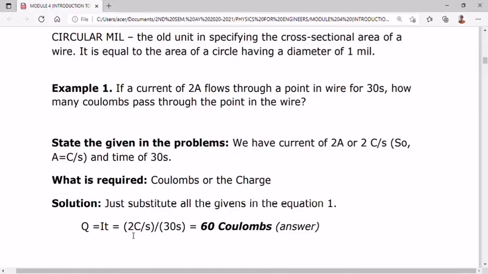Thus, 2 coulomb per second times 30 seconds. So just multiply. 30 times 2 is 60. Canceling the second, that is why we have 60 coulombs. So this will be our answer.